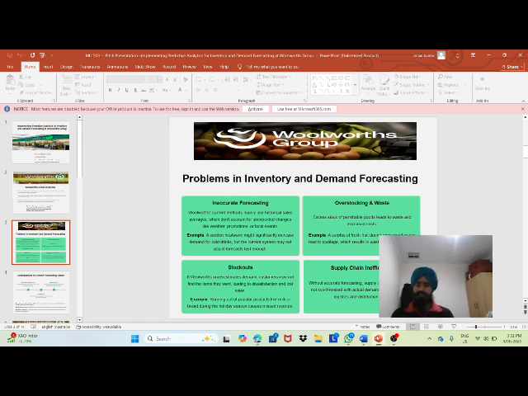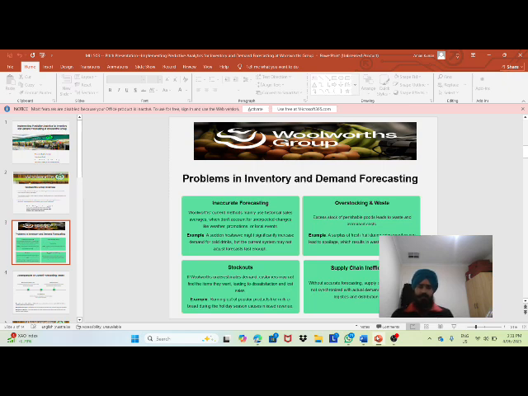Overstocking of such goods can have a negative effect not only on the environment, but it could also harm the company economically.